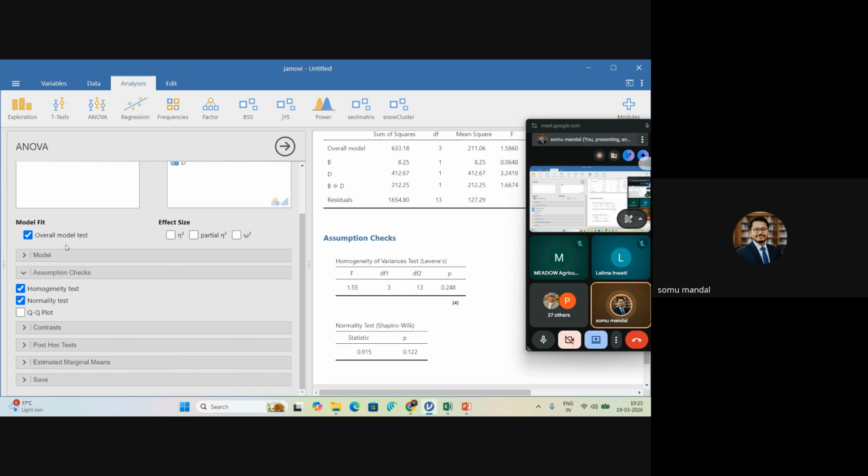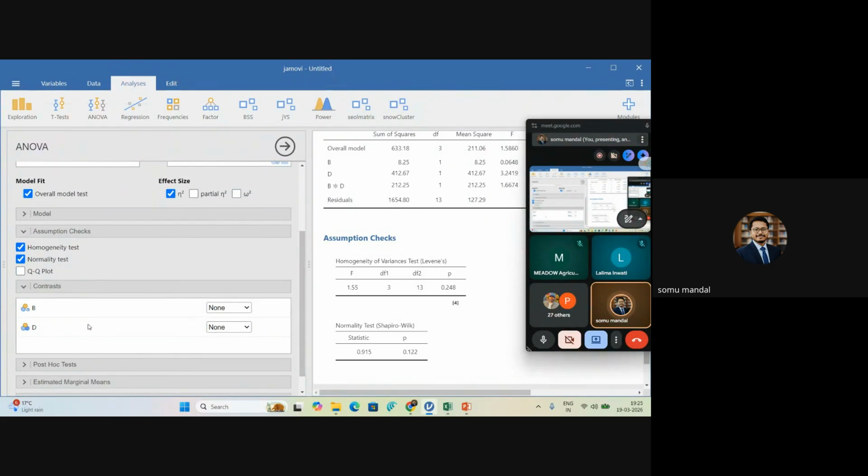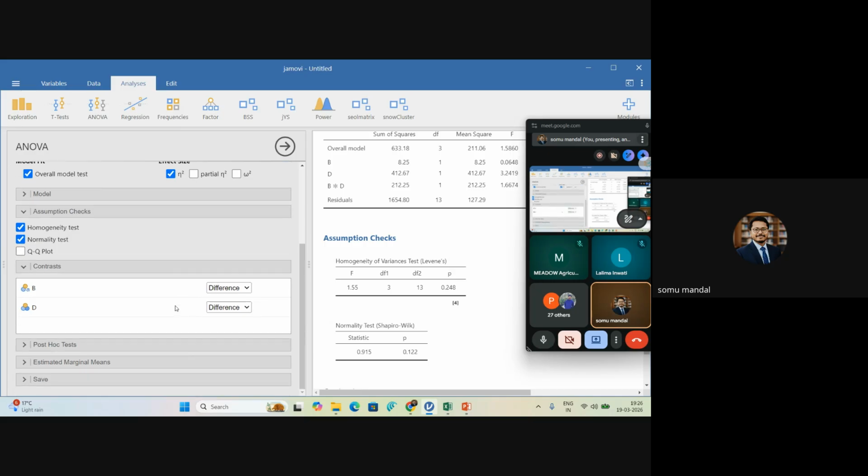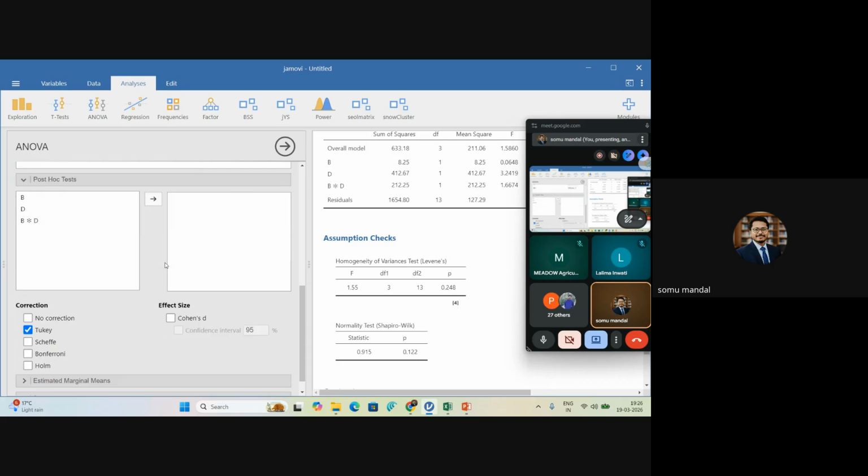Okay, click on the overall model test, and there is an effect size, Cohen's d effect size. You can also find out, very interestingly, what the difference in agricultural production is between T and N company fertilizer. So go here and simply click the difference. You also consider the level of difference in agricultural production in irrigated area and not irrigated area, as well as the post hoc test.